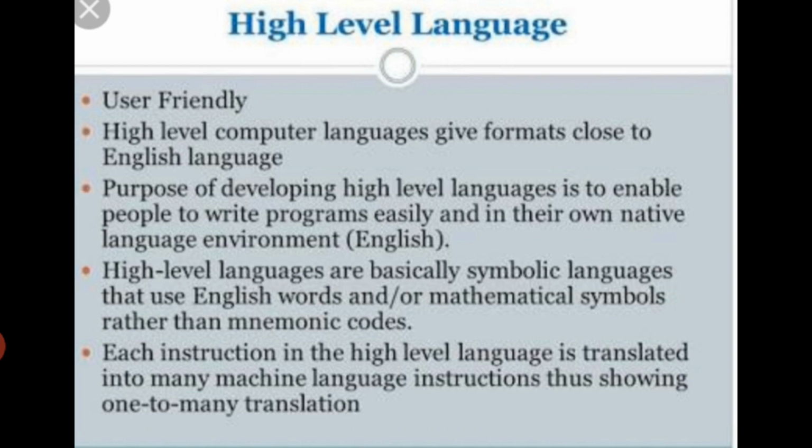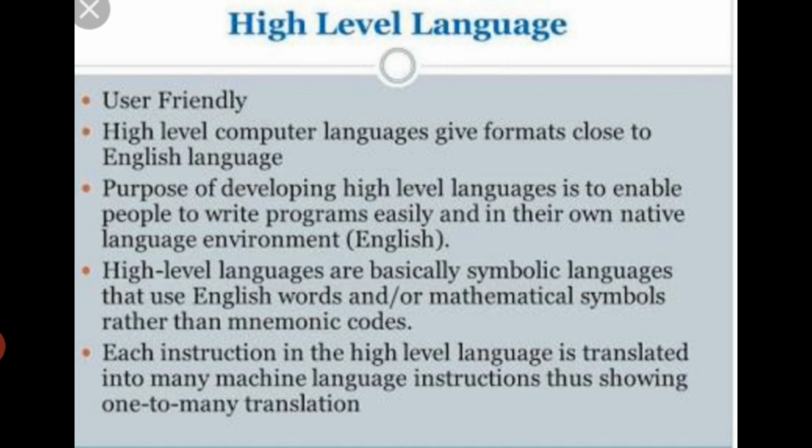So my dear students, in the computer world, computer language is classified into two types, the low level languages and high level languages. If we compare them, low level language is a little tough to understand, and high level language is user friendly and very easy to understand because it uses codes written in English words or sometimes mathematical symbols.